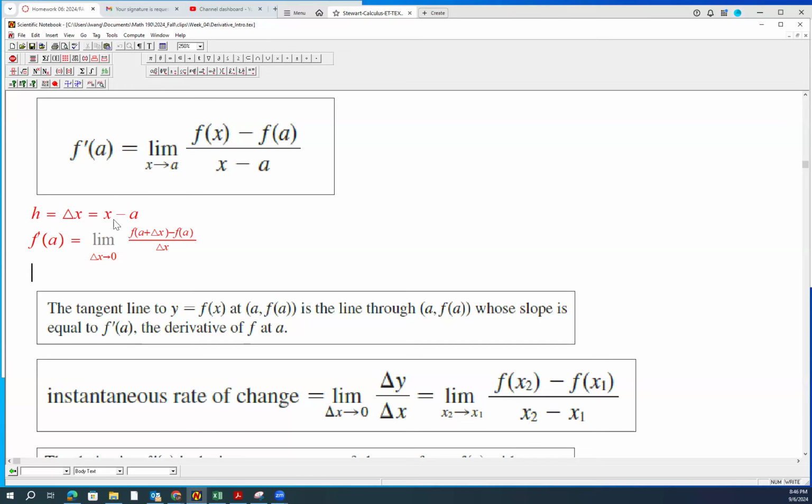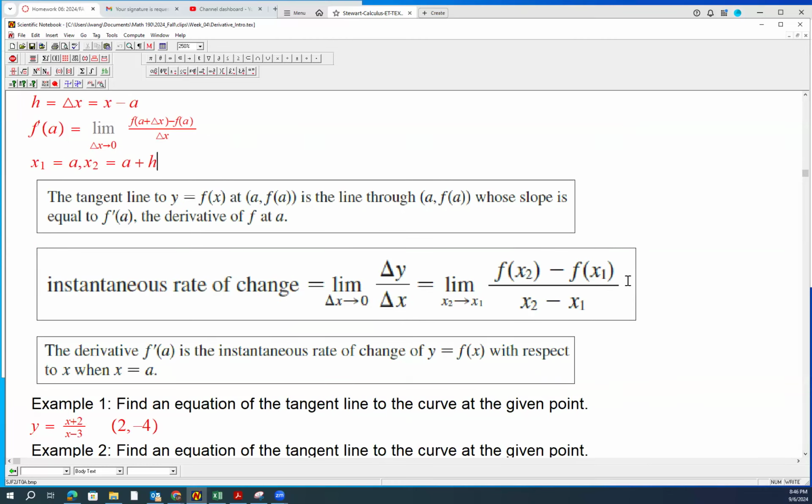So we're going to call x sub 1 as A, and x sub 2 as A plus H. So that's how we get this other form, which is called instantaneous speed, rate of change. They all derive from the same idea.